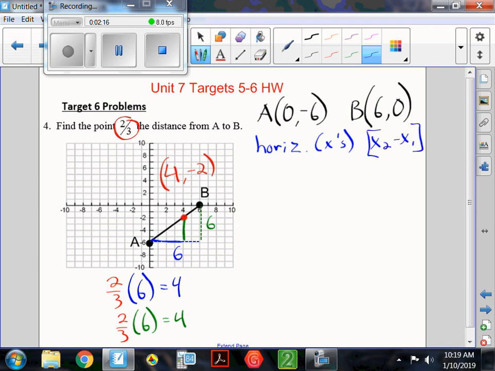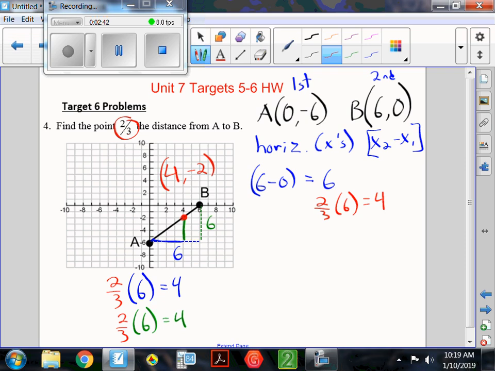And we're always going to have the A to B, the end point, be the second point, and the starting point be the first point. So the horizontal distance is going to be 6 minus 0, which is 6. I then am going to take the 2/3 and say 2/3 of that 6 is equal to 4.